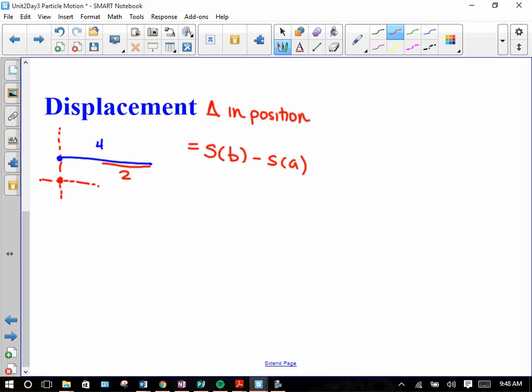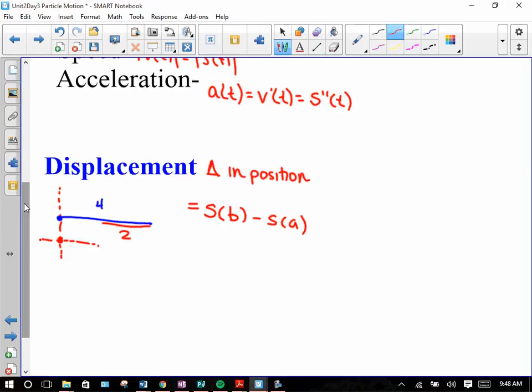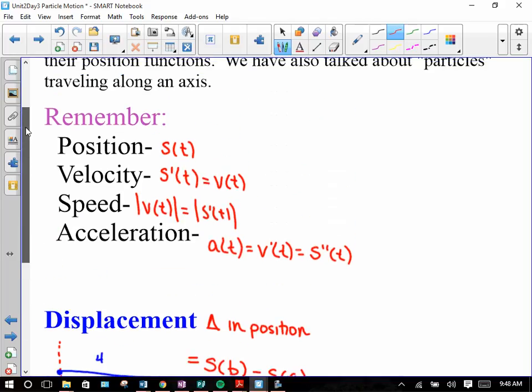Now, total distance traveled would be 4 plus 2, which is 6. So that's just a brief look at displacement. Just remember, the position at point b minus the position at point a.